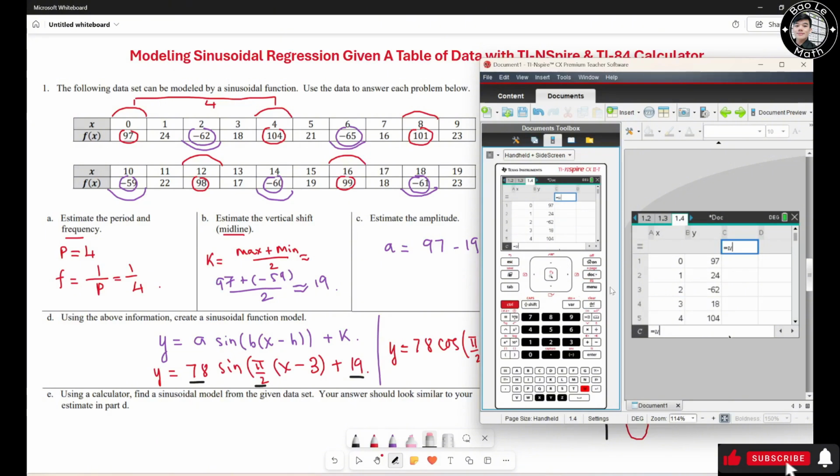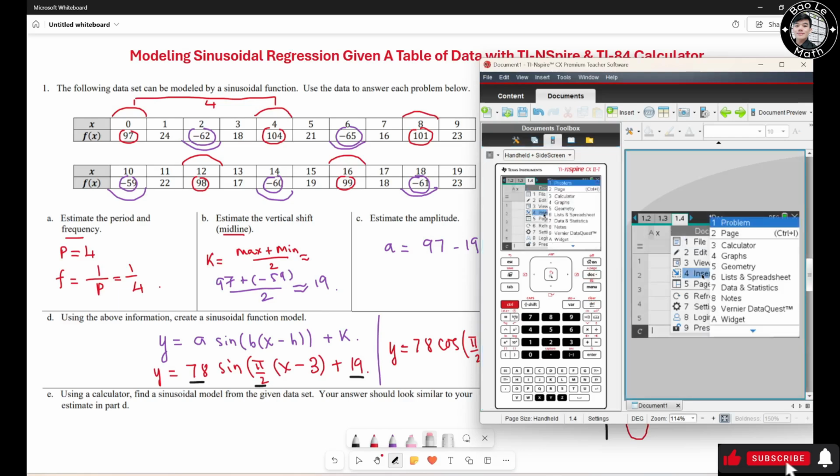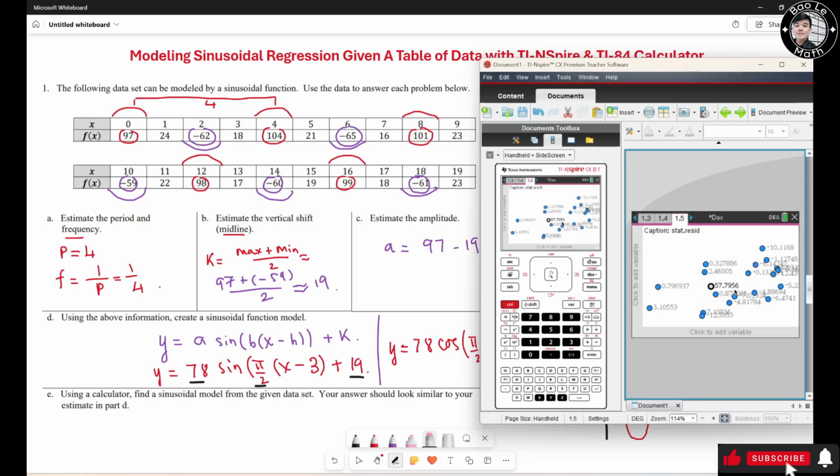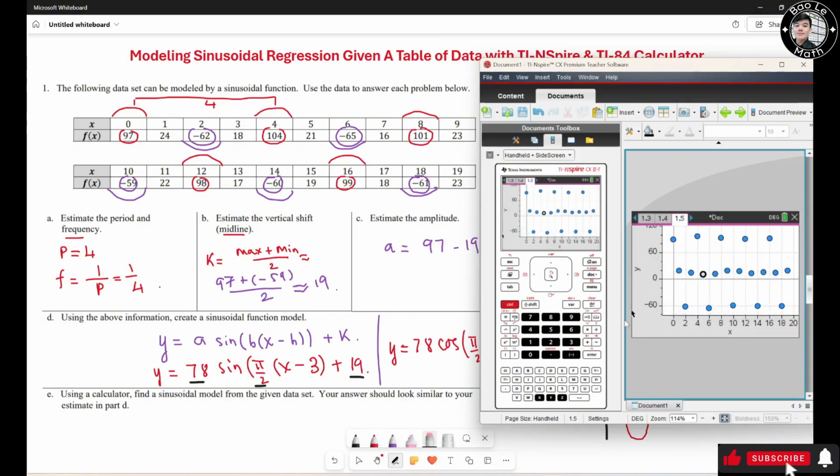Now what you're gonna do is hit document right here, insert data and statistics. Alright, now you need to label S and Y coordinate. This one should be S and this guy should be Y, and this is how the scatter plot looks like.